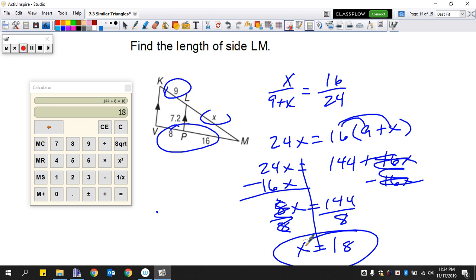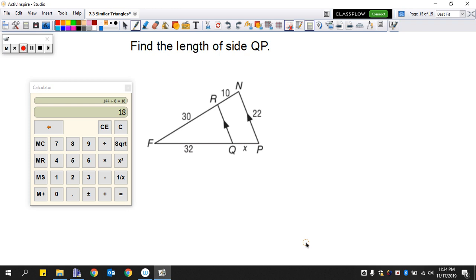And our last example is the same type of problem. The length of the short side is 30 over the length of the long side, which is 30 plus 10, which is 40. That reduces down to 3/4.